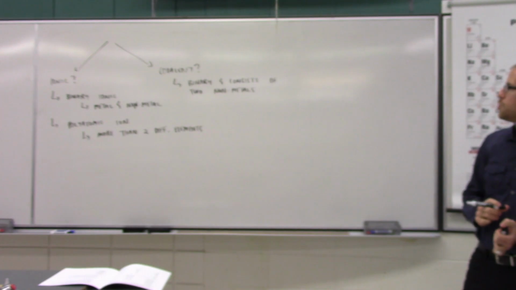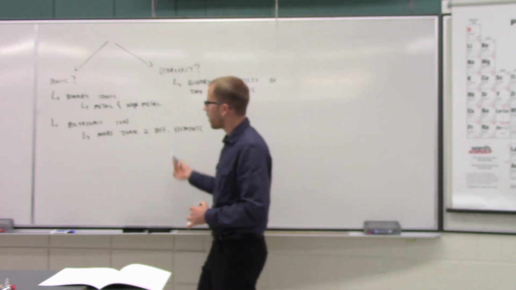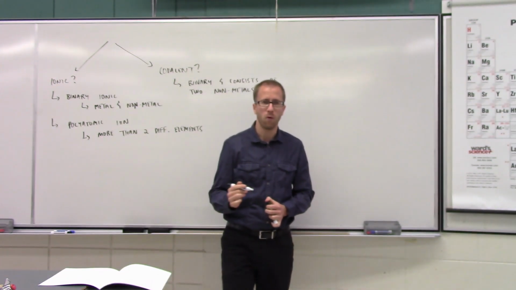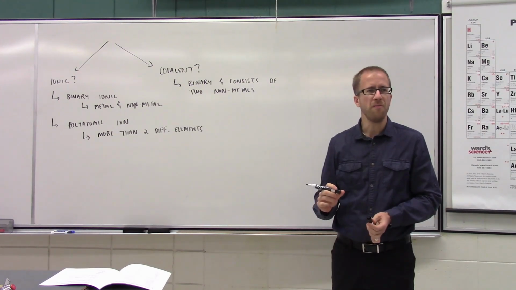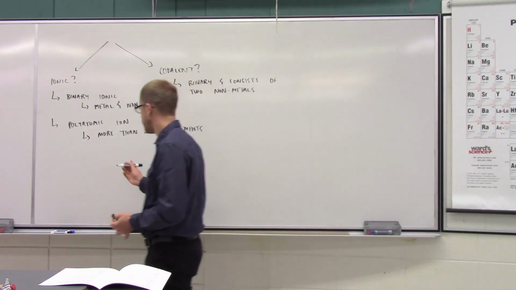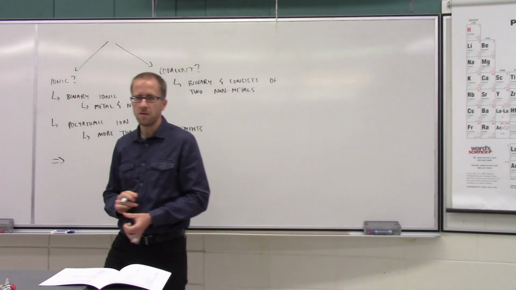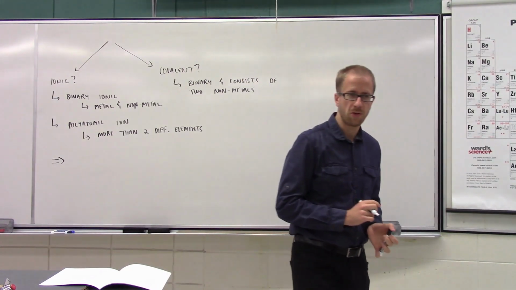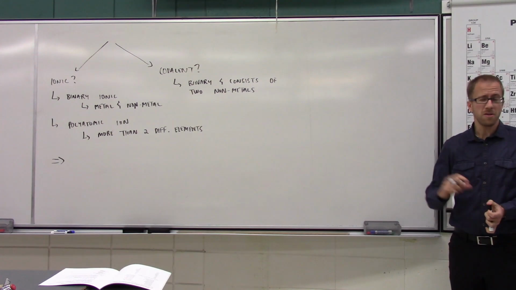Now when it comes to specific rules, there is one thing with ionic compounds you do need to watch out for. What types of metals do you need to watch out for? They have special rules when you're naming them. Aluminum, zinc, and silver. Those are the exceptions.